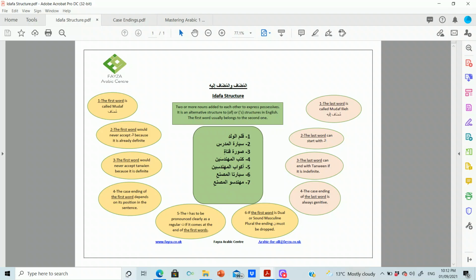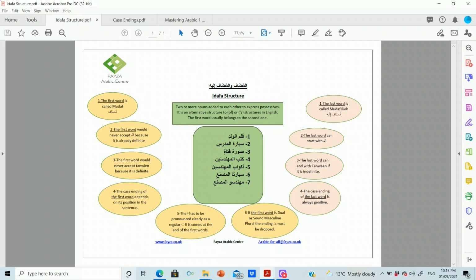Now, talking about tanween, since the second word can have alif lam or not, then it can be definite or not, and it can have tanween or not depending on whether it is definite or indefinite. And this is why in number 3 we have صورة فتاة with tanween kasra at the end. While in number 1 and number 2 we have only kasra at the end of الولد and المدرس, because now these two start with alif lam.